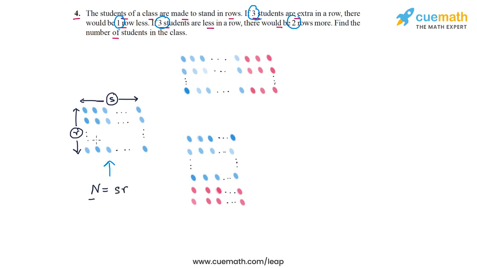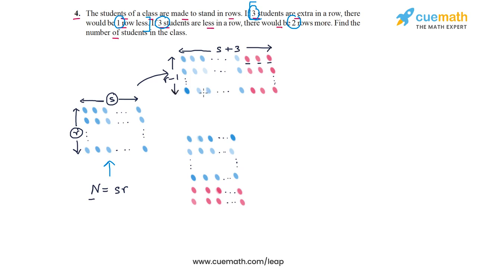Now the first part of the problem statement says if 3 students are extra in a row, there would be 1 row less. So look at this arrangement. These red dots represent the 3 extra students per row. The new number of students per row becomes S plus 3, but the number of rows reduces by 1, so the number of rows is now R minus 1.